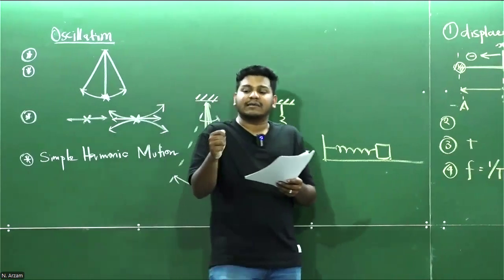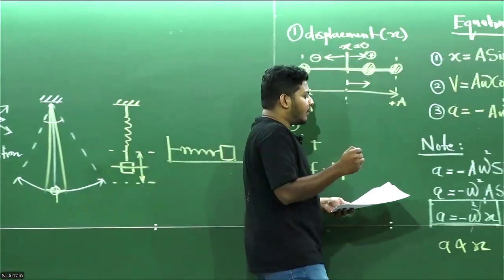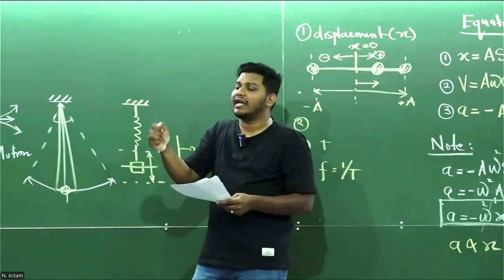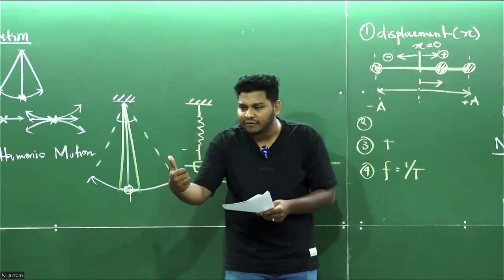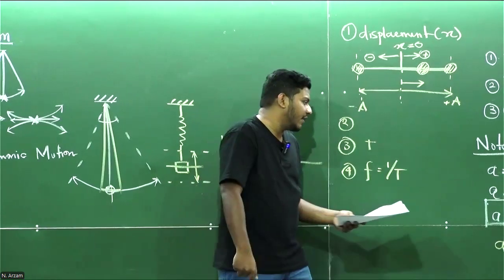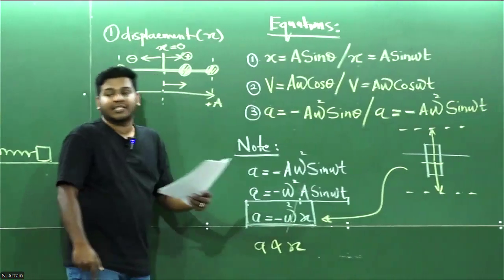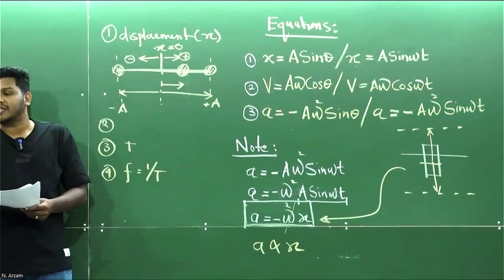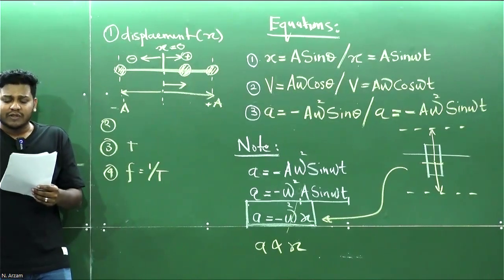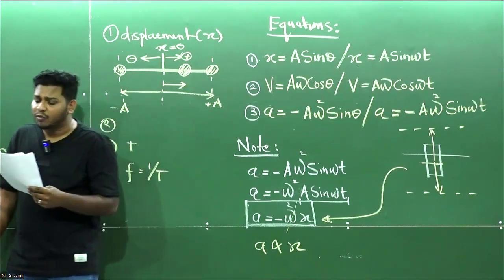If one motion is a simple harmonic motion, the magnitude of the acceleration is directly proportional to the displacement, that is the first point. The second point is that acceleration is always towards the fixed point. These are the two points, then the motion of the body is called simple harmonic motion.